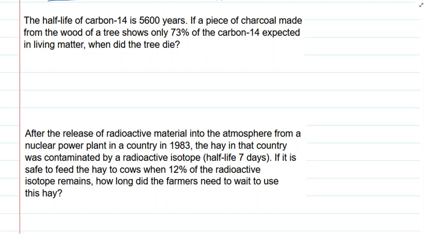They have 5,600 years in a piece of charcoal made from the wood. Only 73% of the carbon 14 expected in living matter remains. When did the tree die? We need time. Okay, got it.